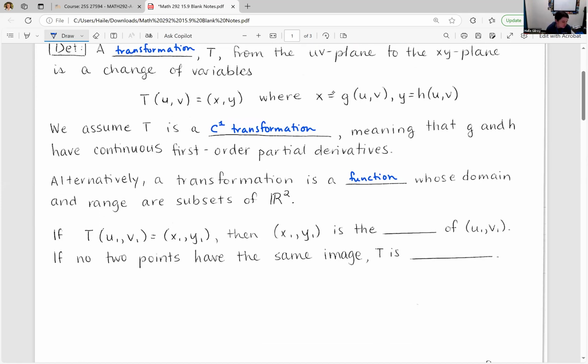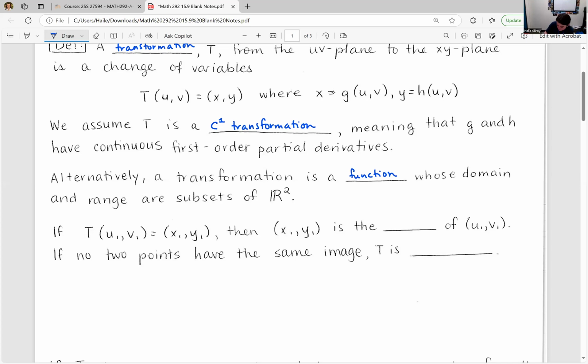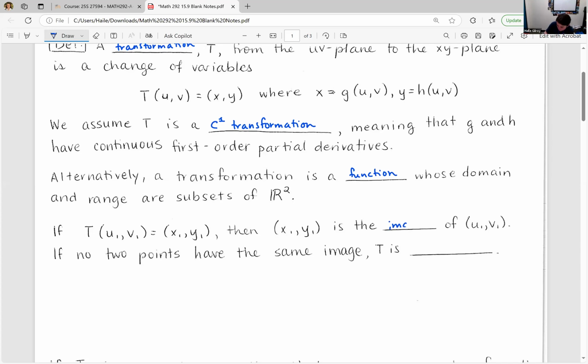The other thing we want to talk about are words you've technically done before, you just didn't call them what we're about to call them. If the transformation of a point (u1, v1) goes to a point (x1, y1), then we call (x1, y1) the image of the point (u1, v1).